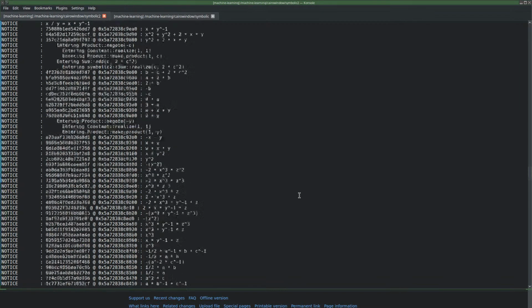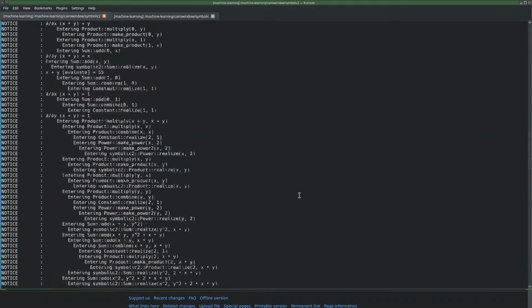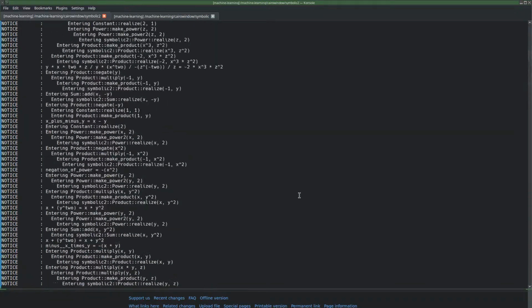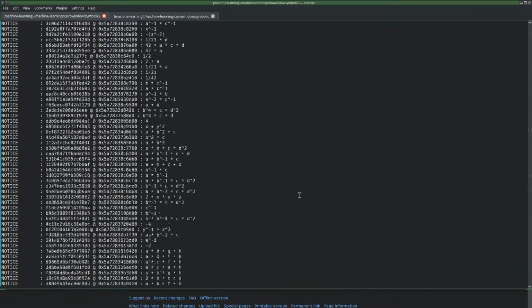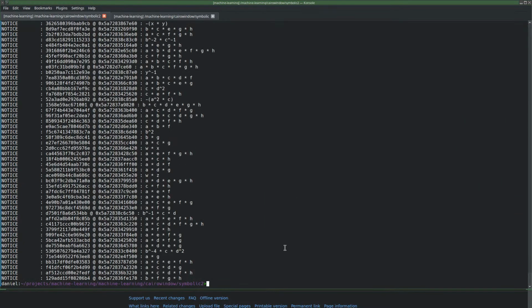But the amount of output is ridiculous. Completely goes off my scroll.